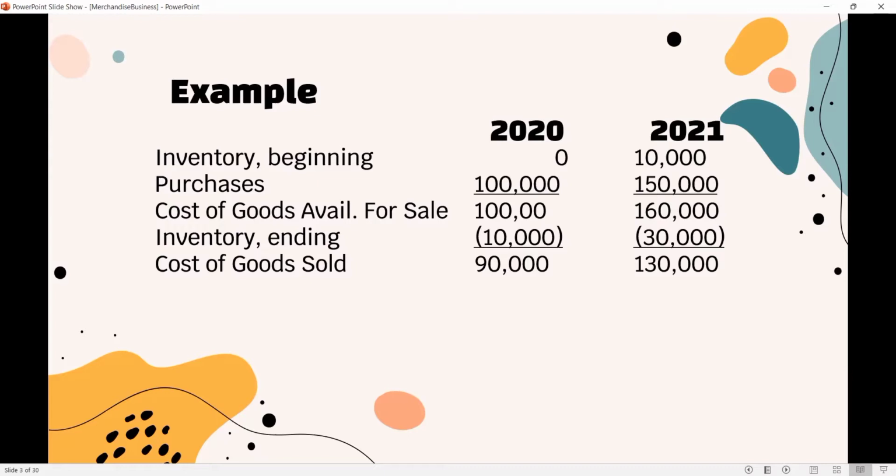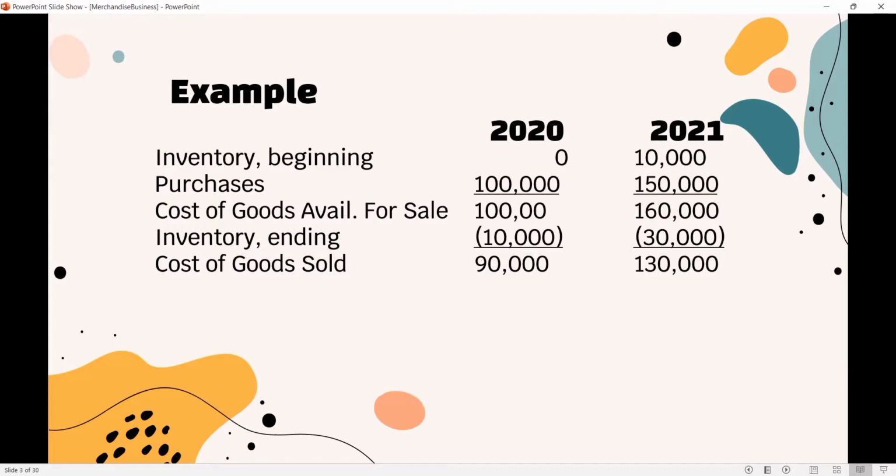So, for the year 2021, yung inventory ending natin, yung nabilang natin na natitira sa ating inventory, which is 10,000, yun ulit ang gagamitin natin sa ating inventory beginning. 2021, beginning 10,000. Tapos, magpo-purchase ulit tayo ng inventory natin para maibenta ulit. Bumili tayo ng 150,000. So, ang pwede na nating ibenta is 160,000.